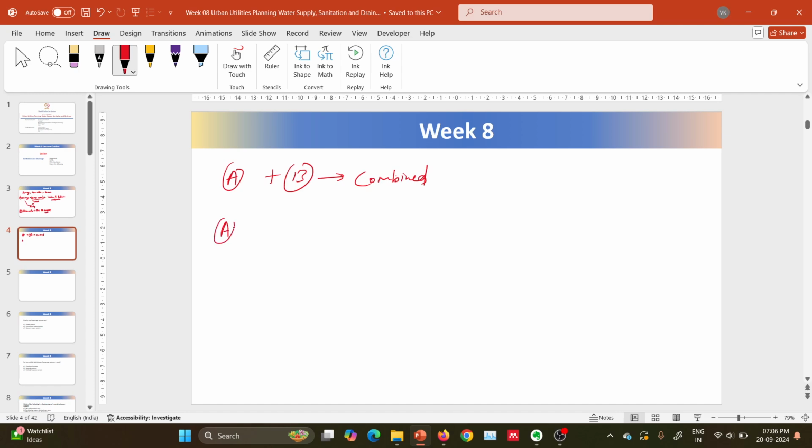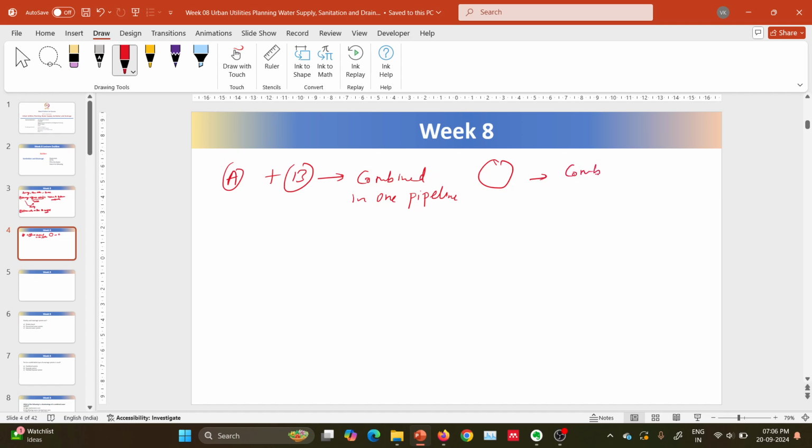Sometimes they both are combined in one pipeline. This is called combined sewer.